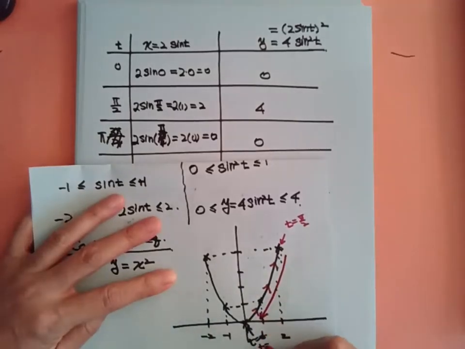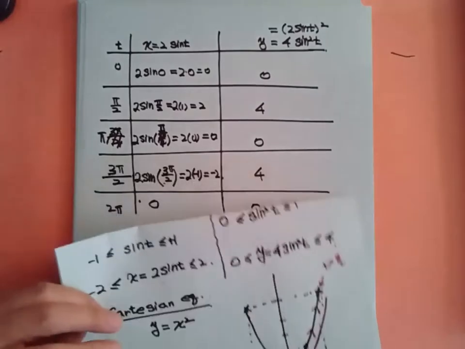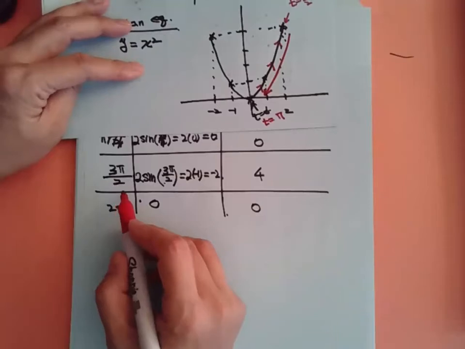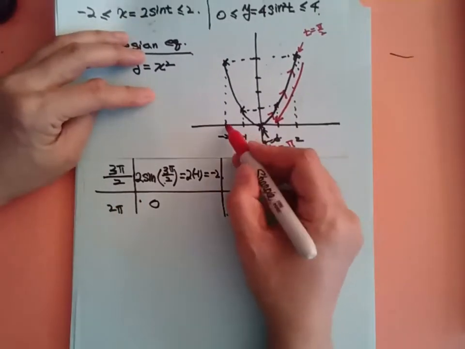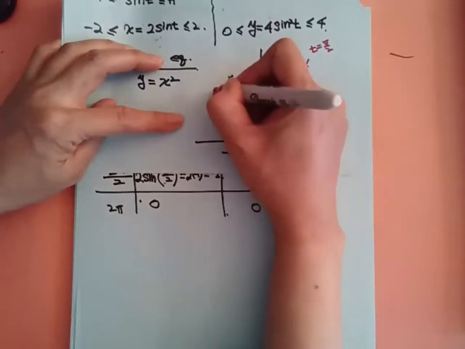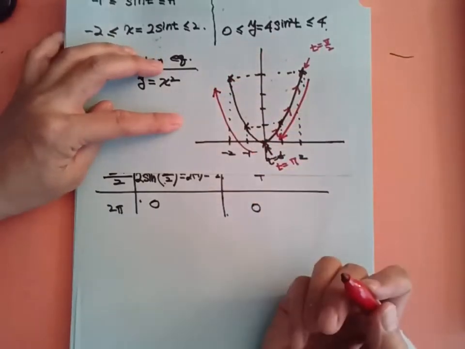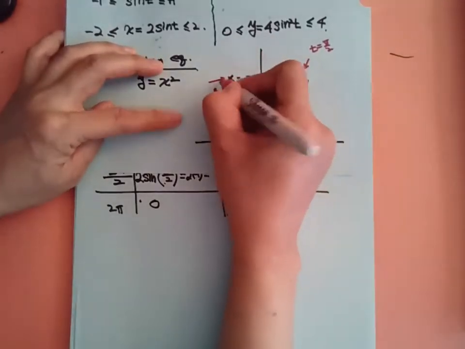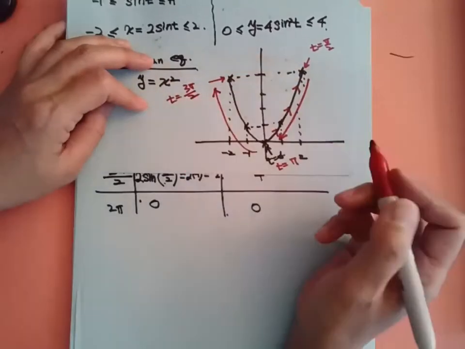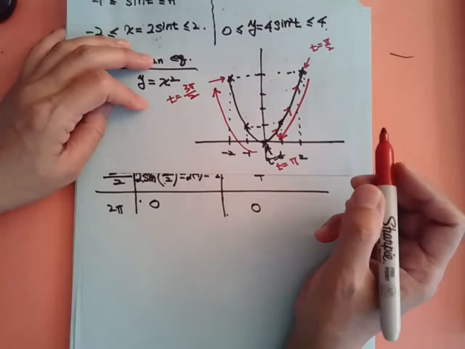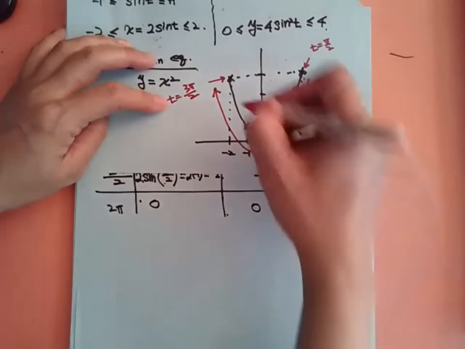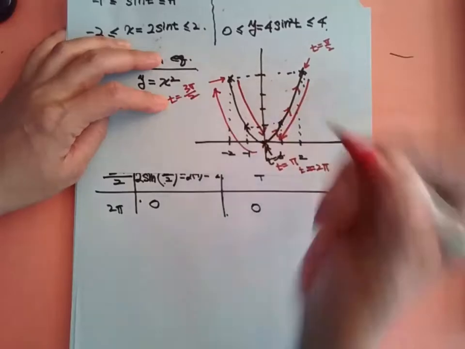Then when t equals 3 pi over 2, x is -2 and y equals 4, so it travels in this direction and reaches there. And then when t equals 2 pi, it moves back to here, right?